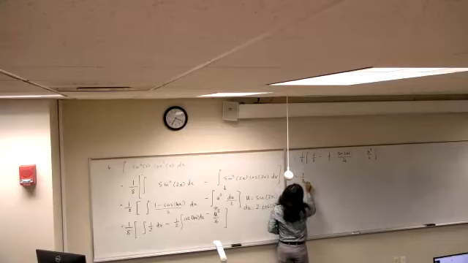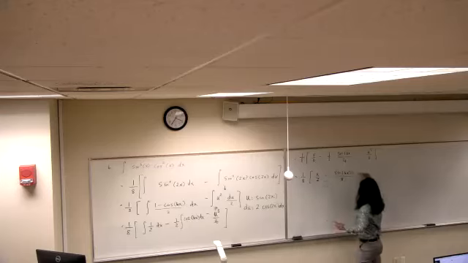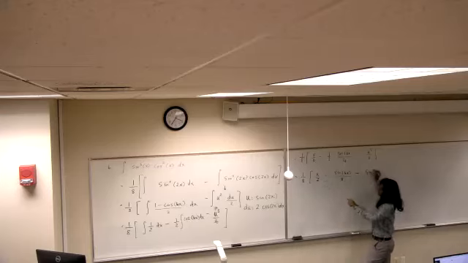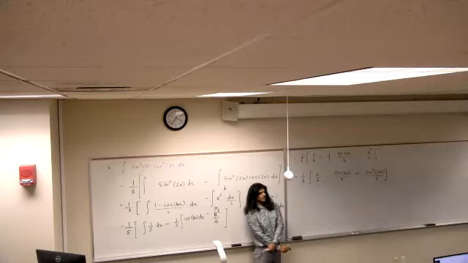One over 8, x over 2 minus sine 4x over 8 minus sine cubed 2x over 6. I have a 2 in common, so I can pull that out.